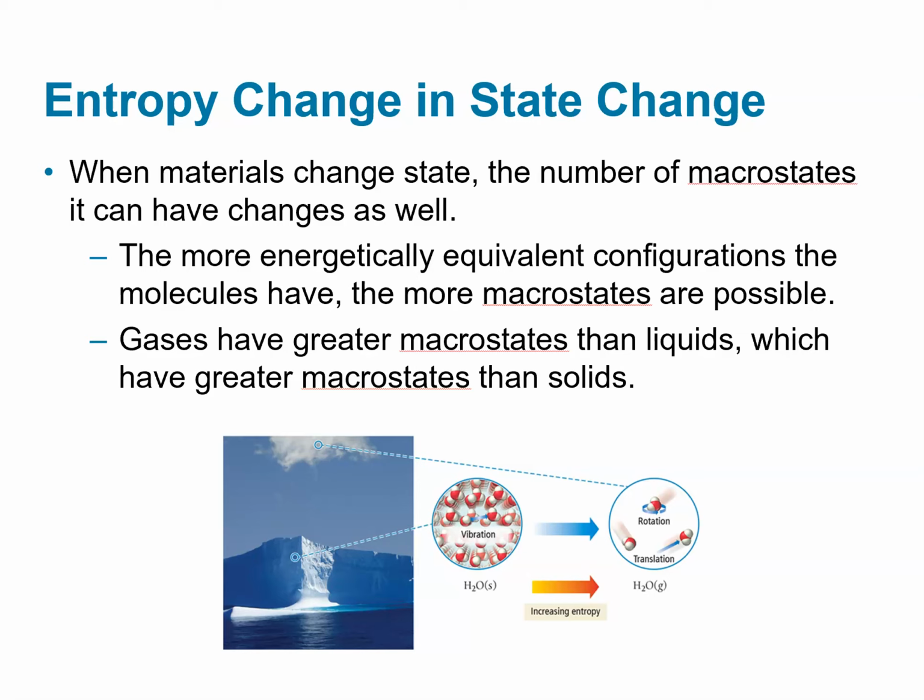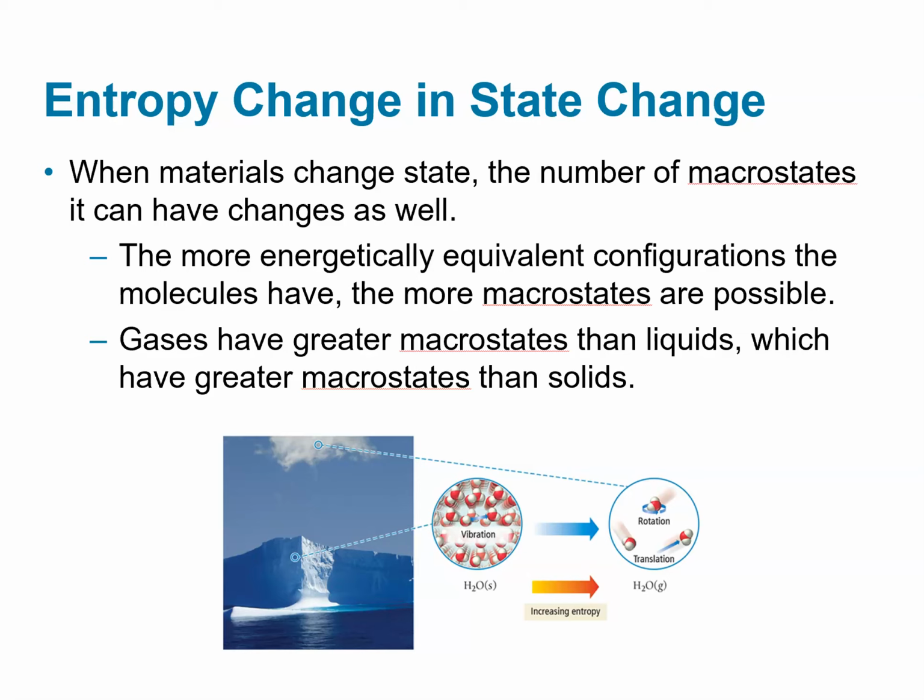Now let's take a look quickly at entropy and state change. We've talked about solids, liquids, and gases a little bit, but it's worth revisiting and zooming in a little more. When materials change state, the number of macrostates changes. The more energetically equivalent configurations the molecules have, the more macrostates are possible.